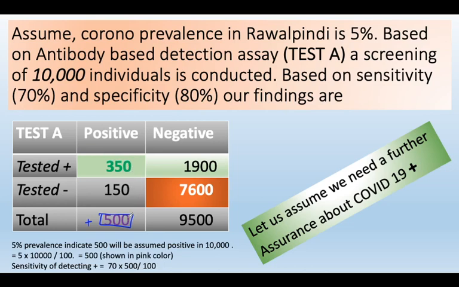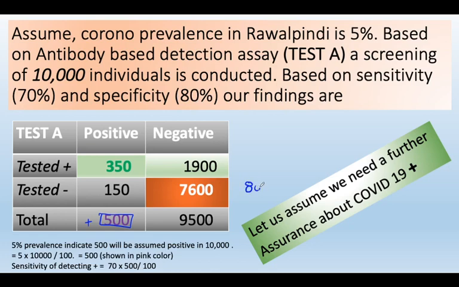So test A could truly identify 350 individuals as positive. The rest of the individuals, who are negative, would be 9,500. Out of those 9,500, the specificity assessment says that 80% will be declared as truly negative.